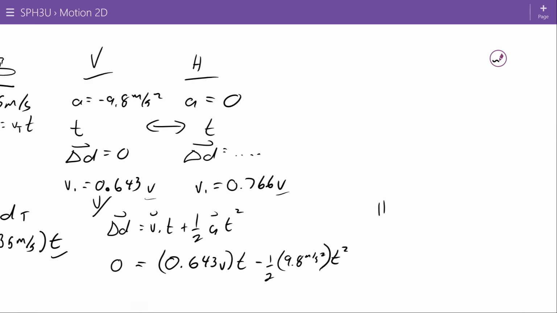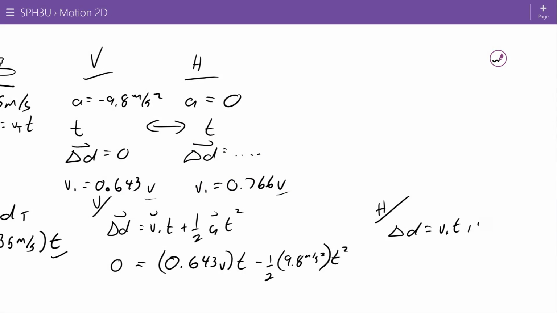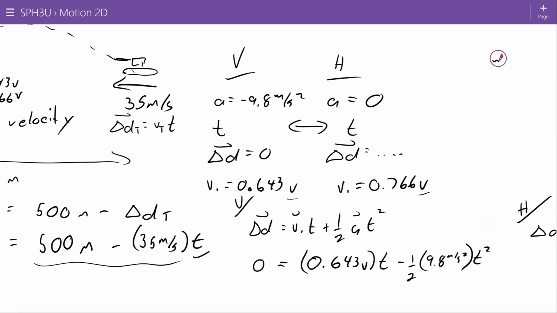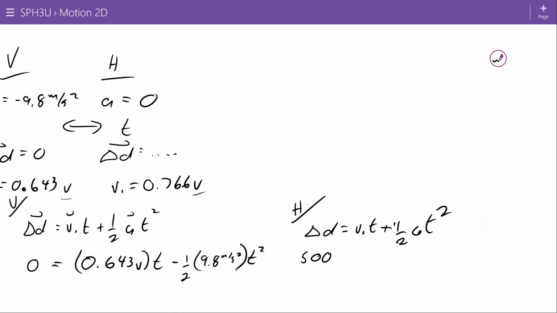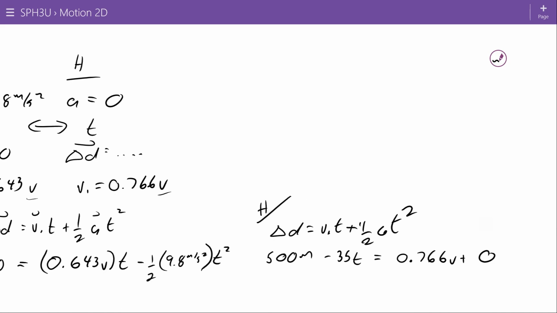In the horizontal direction, delta D is equal to v1t plus 1/2 at squared. Delta D, we don't know what it is, but we have it in terms of how far that tank gets to move over: 500 meters minus 35 t is equal to 0.766 v t, which is useful again because it's a common variable, plus, and this is nice, that whole acceleration term is 0 because the acceleration itself is 0.